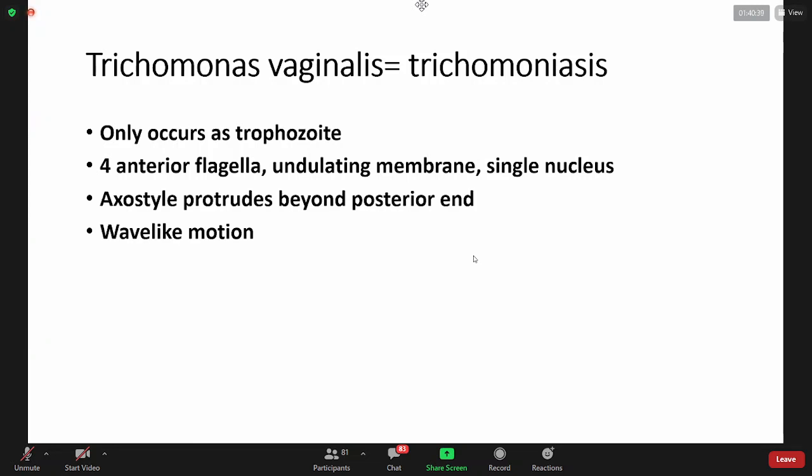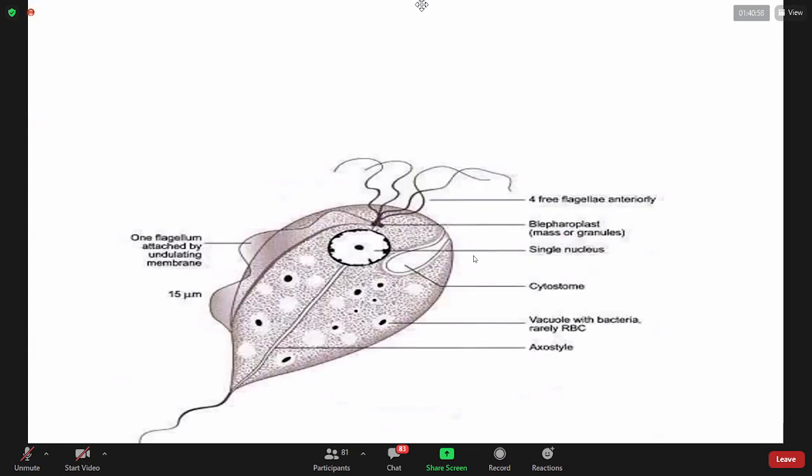It has four anterior flagella, an undulating membrane, and one nucleus. It has a structure known as an axostyle. It moves by wave-like motion. And that is the structure of the trophozoite of Trichomonas vaginalis.